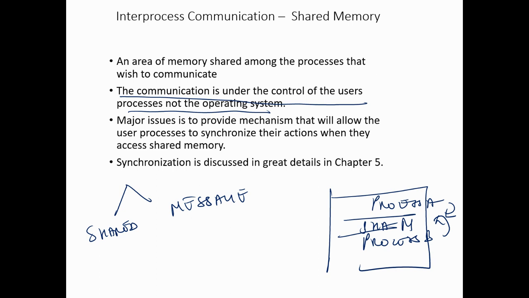The major issue that happens while creating a shared memory, when both process A and process B use the shared memory to communicate with each other, is synchronization. We all know about that.